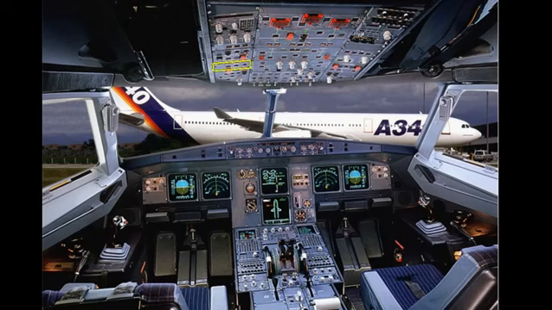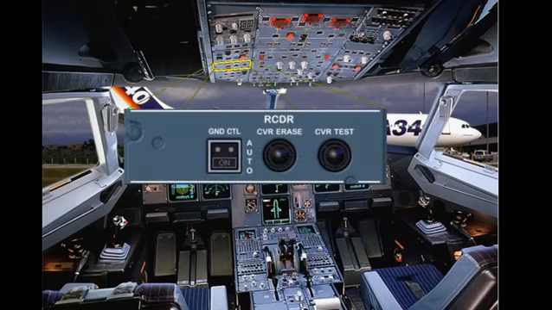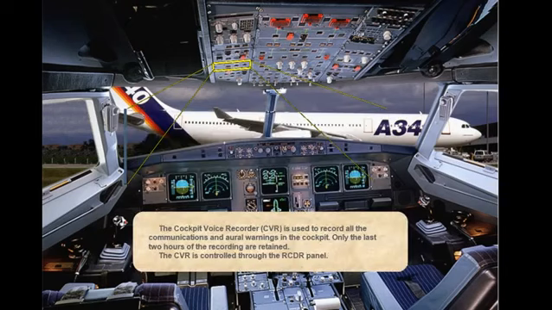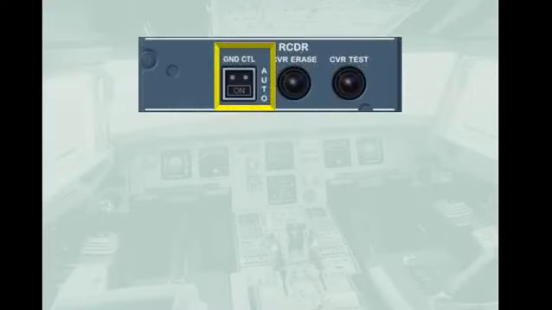The cockpit voice recorder (CVR) is used to record all the communications and oral warnings in the cockpit. Only the last 2 hours of the recording are retained. The CVR is controlled through the recorder panel. The GROUND CONTROL push button allows the CVR to be manually powered when on ground.